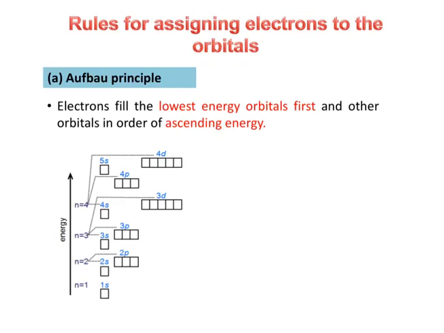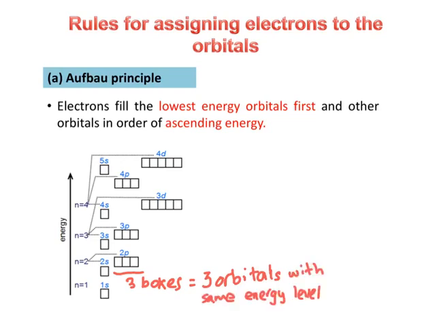The diagram below arranges the orbitals according to their energy. The lowest energy orbital is 1s, followed by 2s. The 2p orbital has higher energy than the 2s orbital. The 2p orbital has 3 boxes. These 3 boxes represent 3 orbitals with the same energy level.